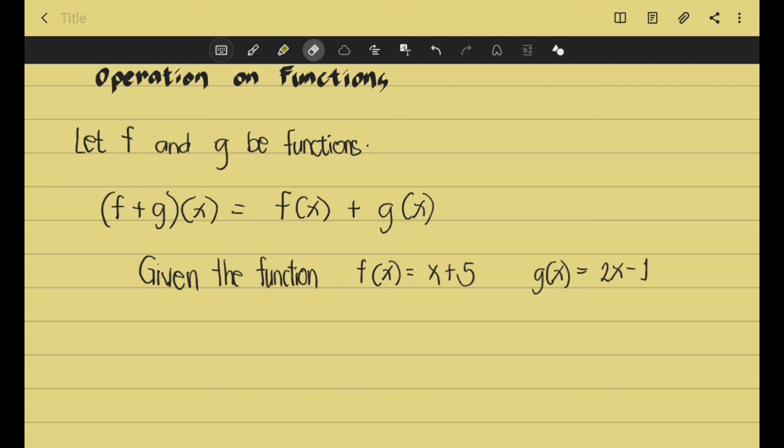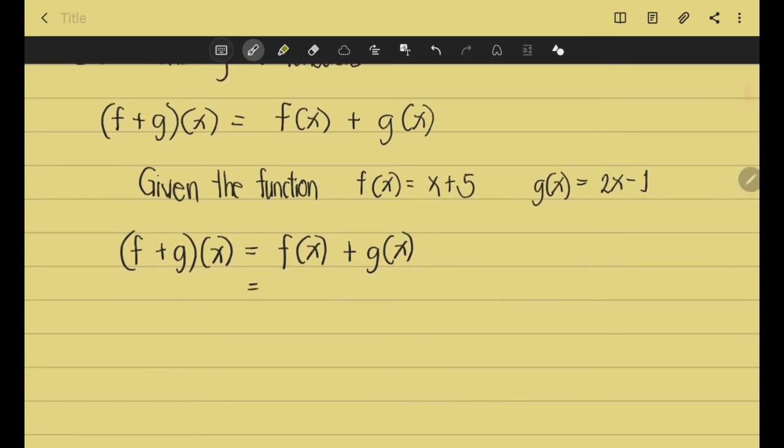So our first step is to write the function, which is f plus g of x, and that is equal to f of x plus g of x. The next step is to substitute the value of f of x and g of x.